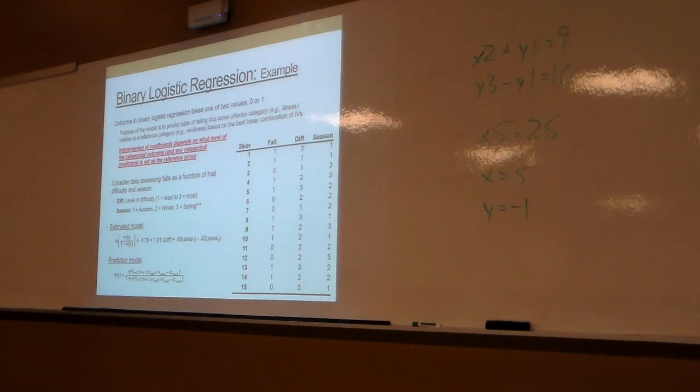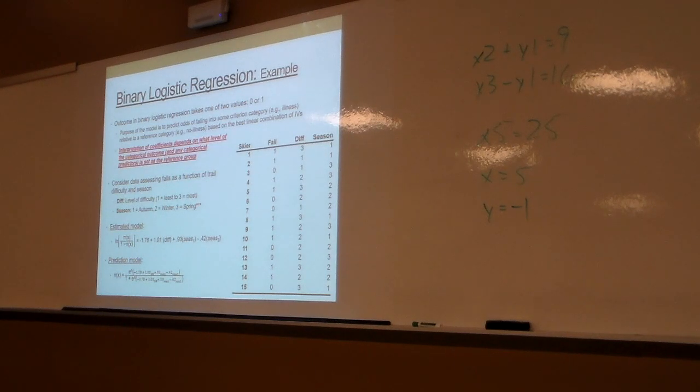This is another nice thing about logistic models: they handle categorical variables within SPSS much more easily than our regression models do. We can still look at categorical predictors in regression models, we just have to code them on our own. Logistic will handle this for us. So we've got a continuous predictor, trail difficulty, and then we have season: autumn, winter, and spring.